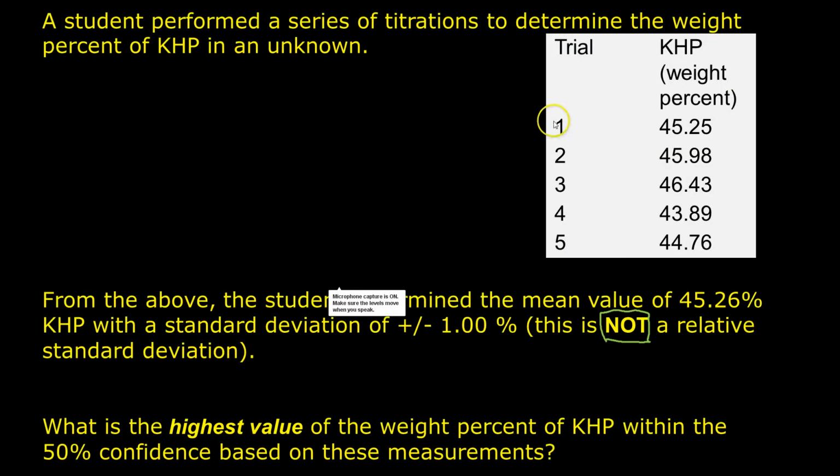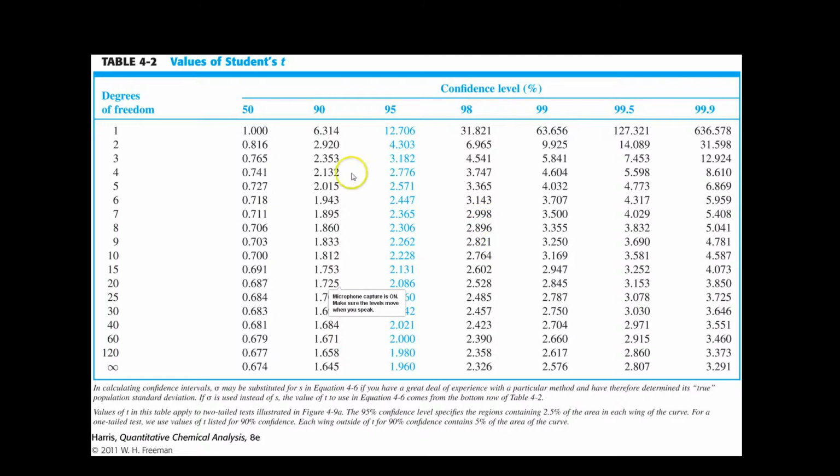In this case, our samples are 1, 2, 3, 4, 5. We have 5 samples, so your degrees of freedom is 5 minus 1, so that's 4. Okay. And now we have to look at our table for the 50% confidence level here. With degrees of freedom of 4, our T value is 0.741.